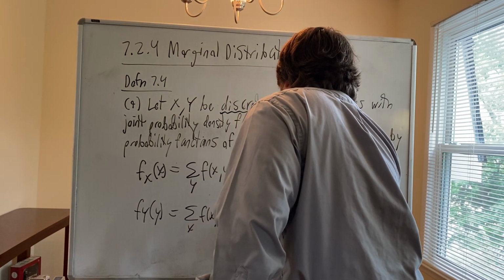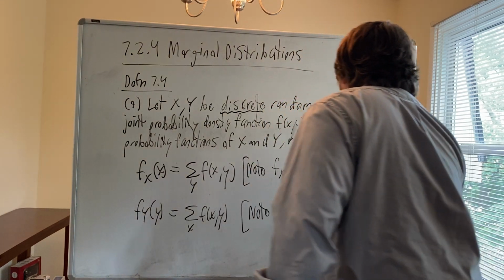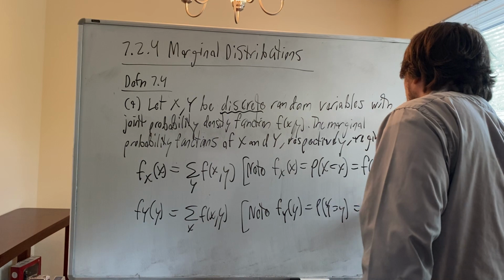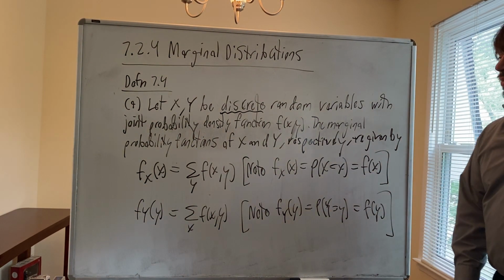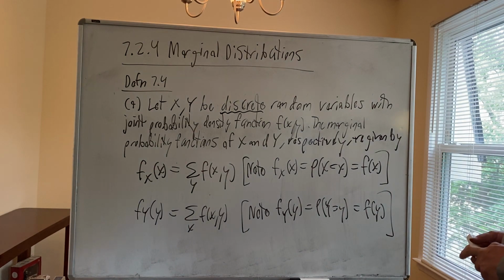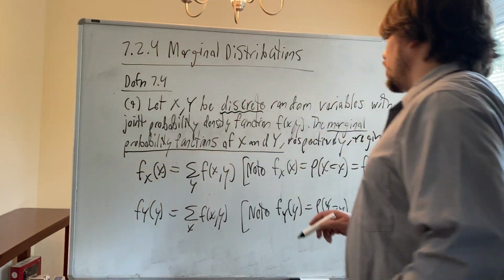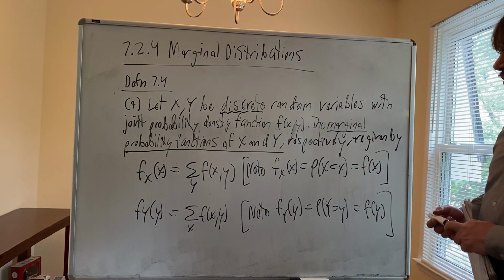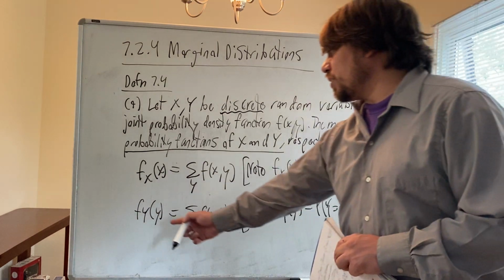And note that f sub Y of y is equal to the probability that capital Y equals little y, which equals little f of y. So this is the definition of the marginal probability functions of X and Y, respectively. This is the marginal probability function of X, and this is the marginal probability function of Y.